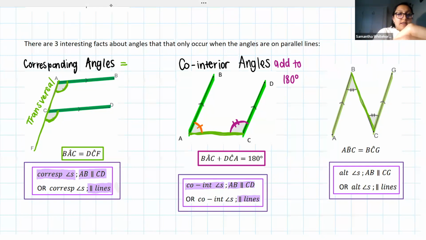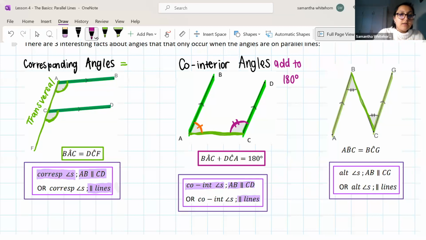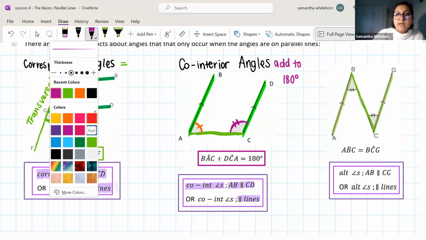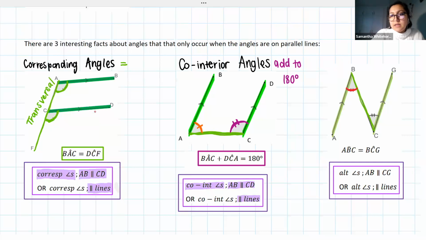What I see is that the angle ABC is equal to the angle BCG. They are in alternate positions to each other. They are equal in size.